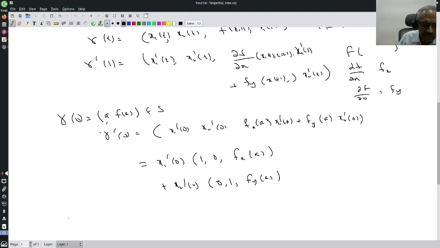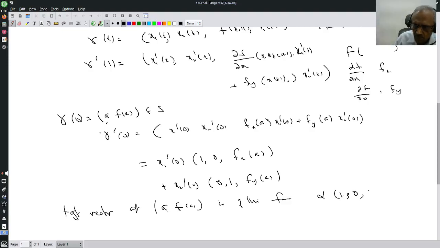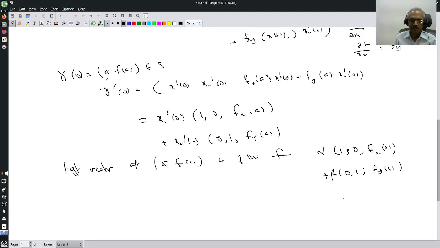Therefore any tangent vector at (a, f(a)) is of the form alpha times (1, 0, fx at a) plus beta times (0, 1, fy at a). Do you understand this?